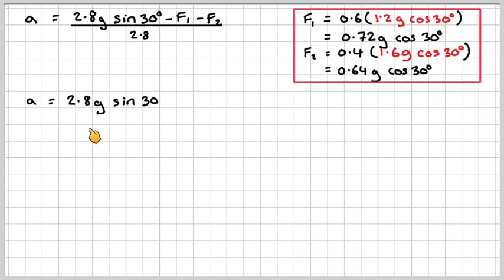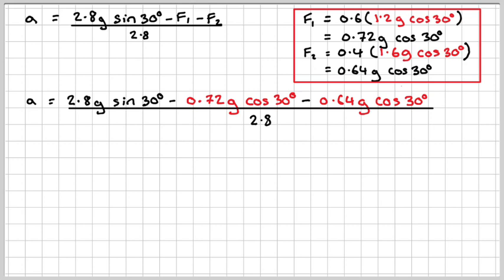Therefore a will be equal to 2.8 g sin 30 minus 0.72 g cos 30 minus 0.64 g cos 30, divided by 2.8. Getting our calculator out, use the fraction button on the calculator, and make sure your calculator is in degrees. That will give you an acceleration of 0.777. Then we round that off to three significant figures, 0.778, and put the units in meters per second squared. Now, we will use this unrounded value in any further calculation.